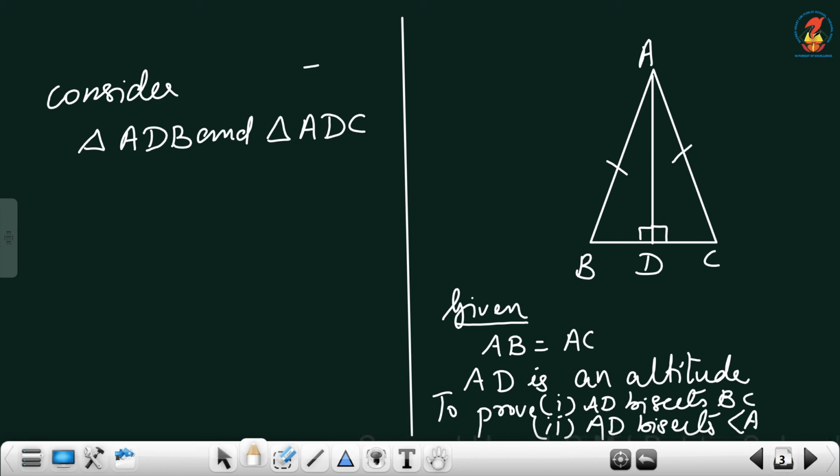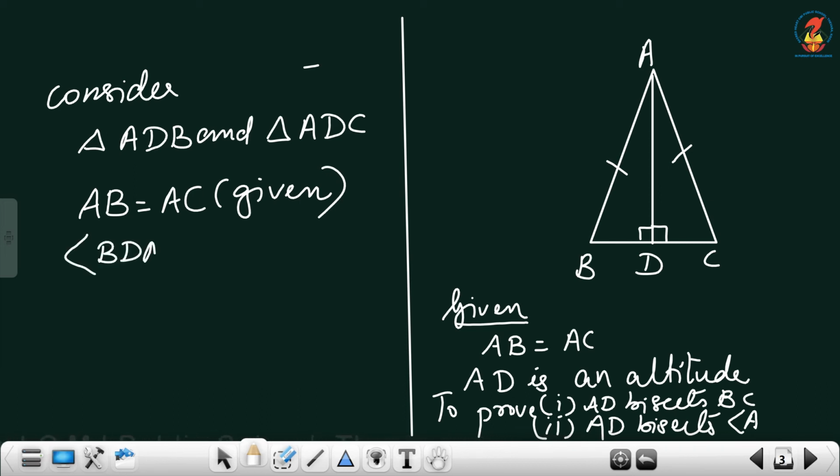What is given? AB is equal to AC is given and one angle 90. Angle BDA is equal to angle CDA is equal to 90 degree. That is also given. What is the one side?